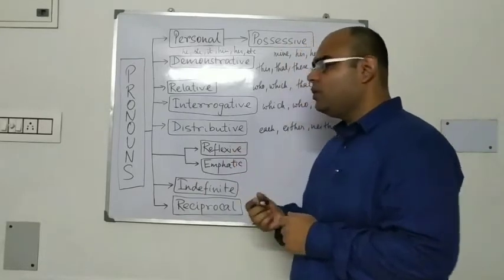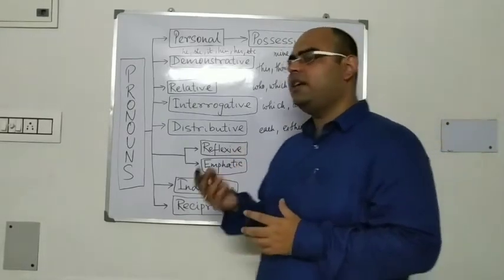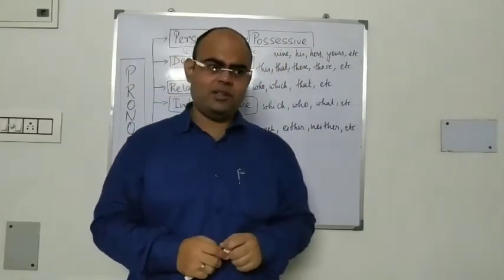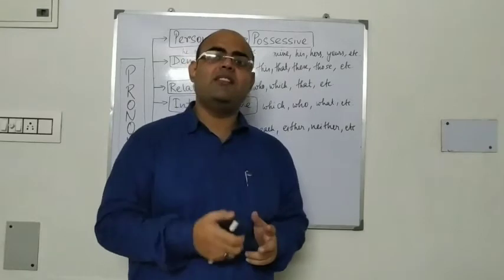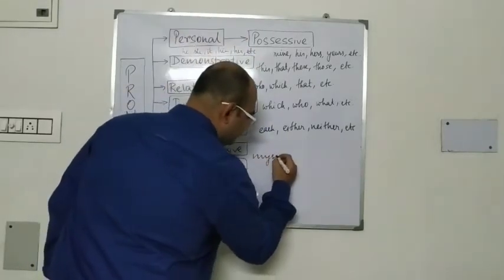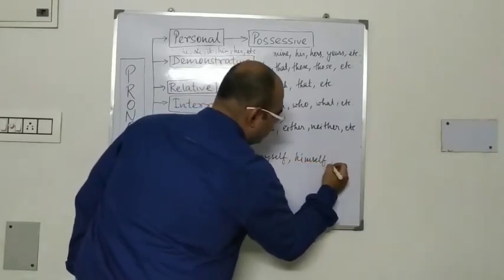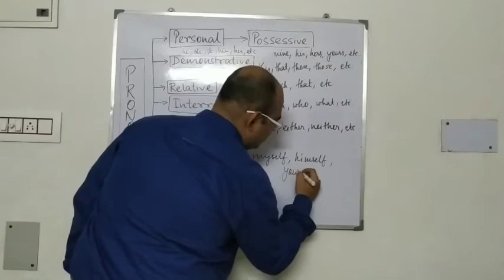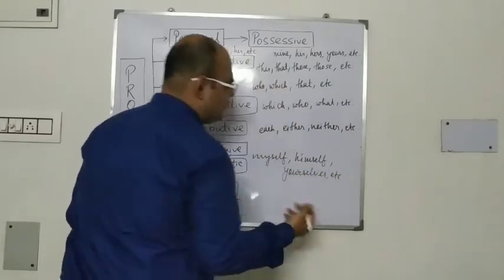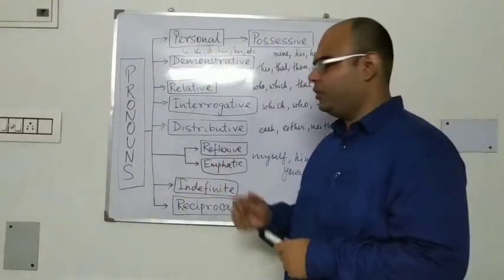So these two would have the same words, and together they have a colloquial name, that is self pronoun, because the suffix self is added to them, like this: myself, himself, yourselves, etc. It can be any of these self words.